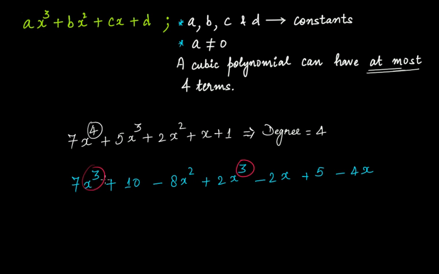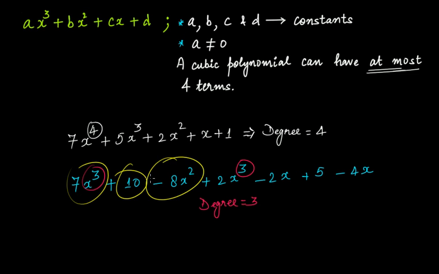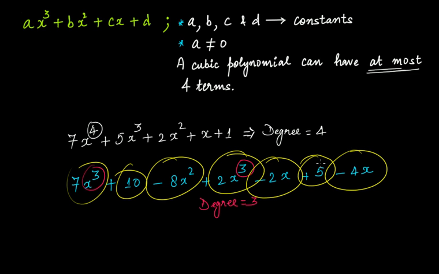Same thing here. So the degree is in this case 3. Completely agree. Degree is 3. So that person might say that it has 1 term, 2 terms, 3 terms, 4 terms, 5 terms, 6 and 7 terms. No, it doesn't have 7 terms.